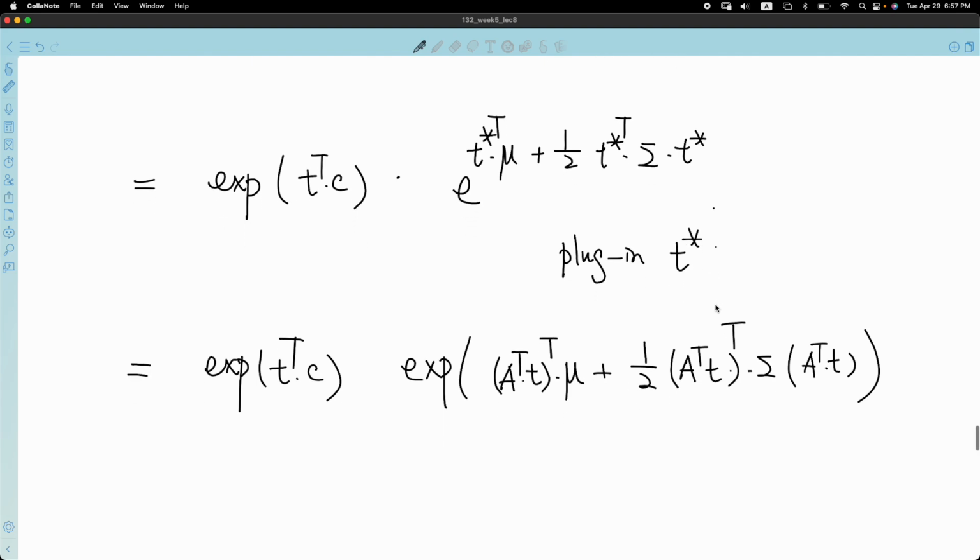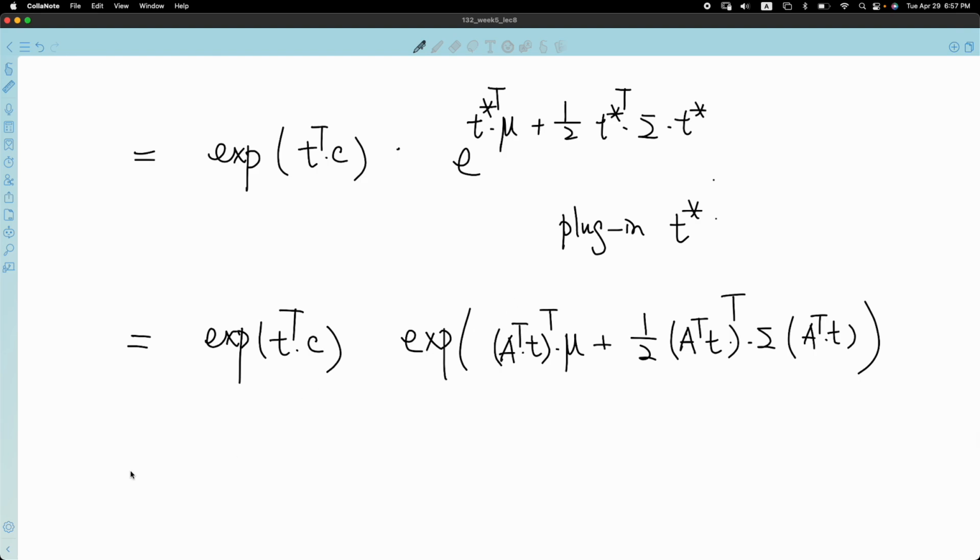And then now I'm just expanding the terms here. So the constant stays the same, multiplied by exponential of T transpose A multiplied by mu. So now I can group A mu together. I think for A mu you don't need the transformation.